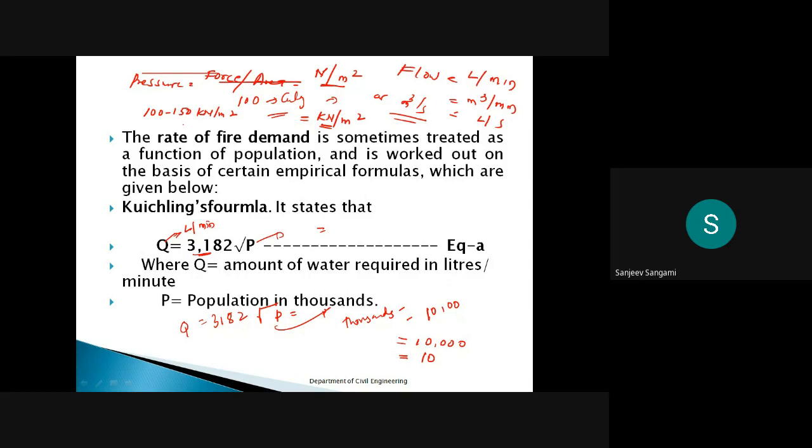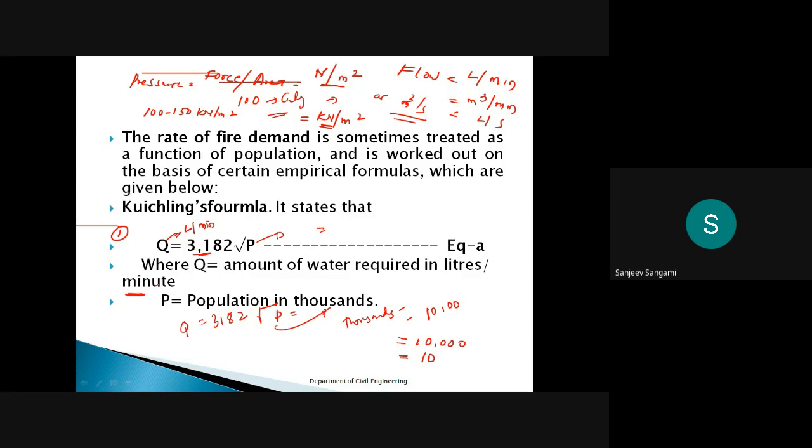Then we have discussed different formulas to calculate the rate of fire demand. The first formula is the Kuchling formula. It is 3182 root of P, where P is always in thousands, and Q you will always get in liters per minute. Very important. Remember this, because even the units carry marks.